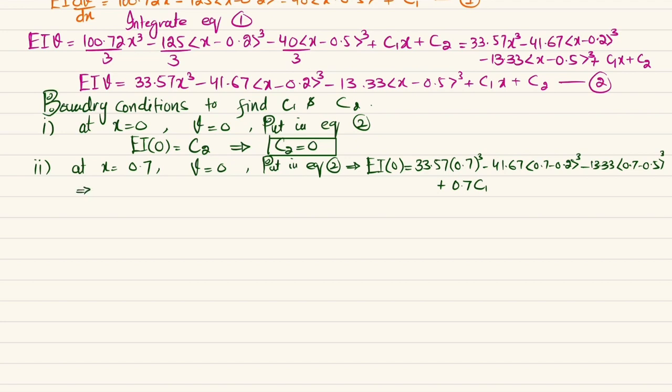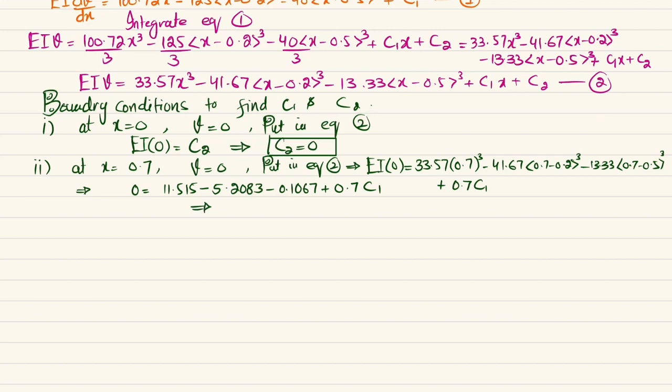So 33.57 into 0.7 cubed will give you 11.515, minus the second term, which gives 5.2083, minus 0.1067, plus 0.7 C1.